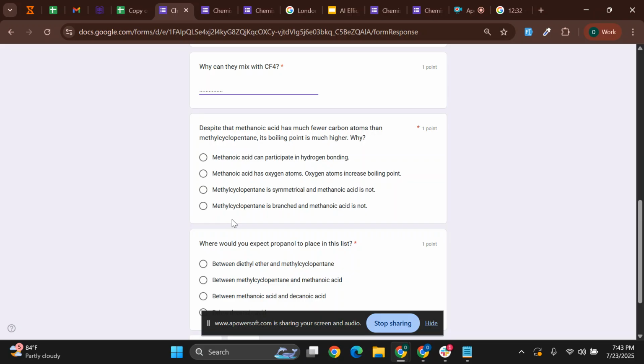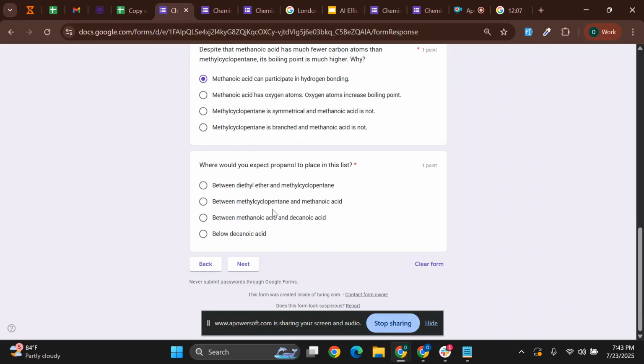Oxygen atoms increase boiling point. Methyl cyclopentane is symmetrical and methanoic acid is not. Methyl cyclopentane is branched. So I will go with a random answer.